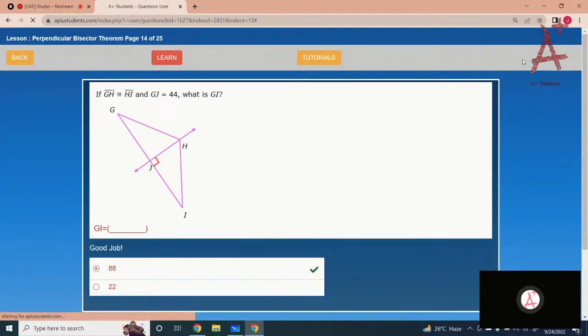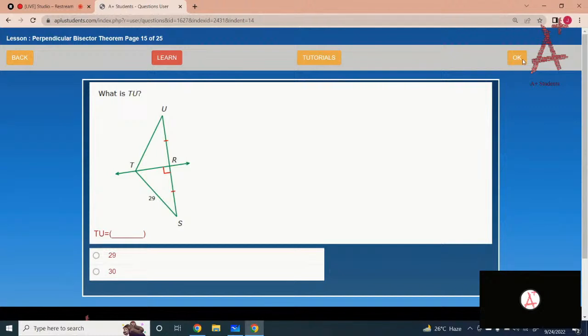Okay, the next one is, what is TU? ST is 29. So TU is also 29. Got it? So select the correct option and click on the OK button.